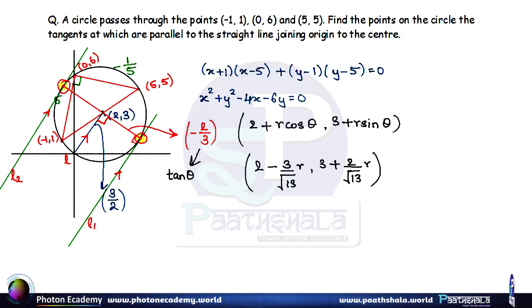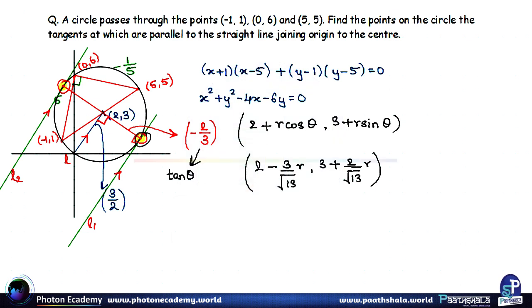Okay. So now to calculate the coordinates of these 2 points, one time we will have to subtract the r and one time we will have to add the r.